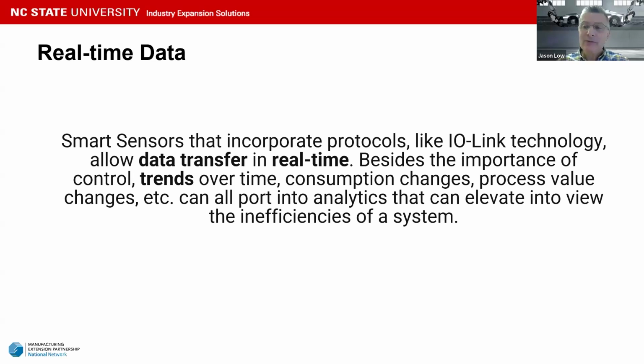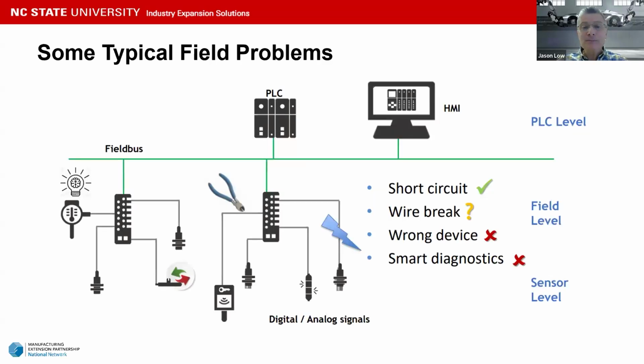We can send that information to higher level systems, MES systems, ERP systems, in real time, and not worry about passing it through a control system and routing it all sorts of different ways, and maybe it being delayed getting to where we need it to be. Maybe it's to do some analytics, maybe it's to do some other control, right? So these smarter sensors are considered devices that can transfer data in real time.